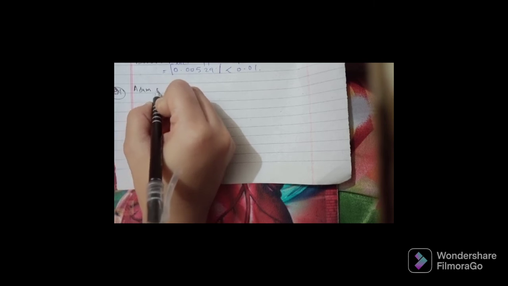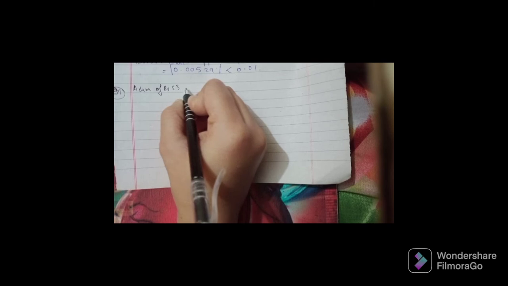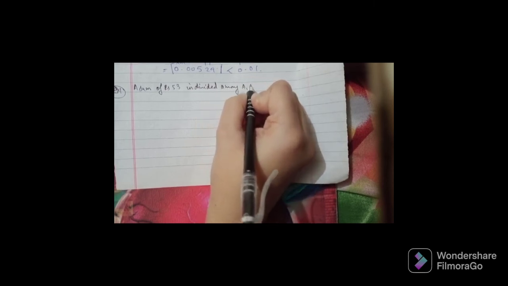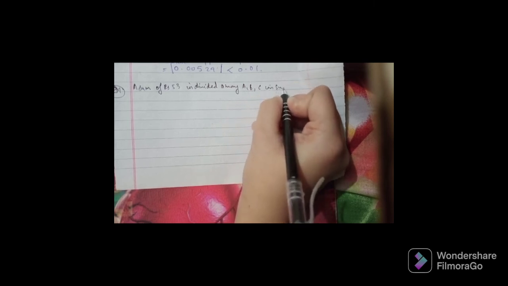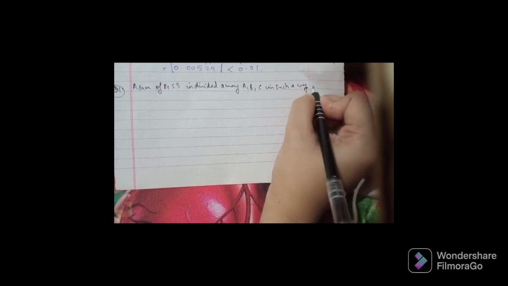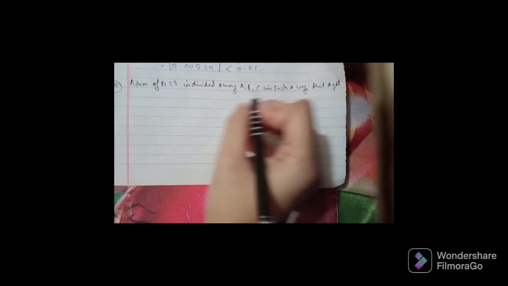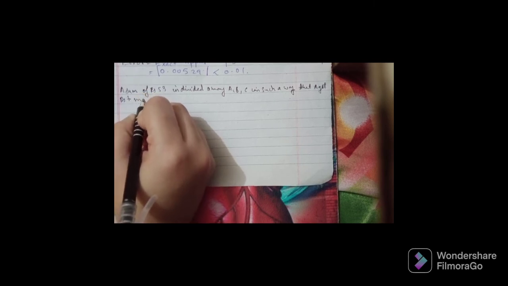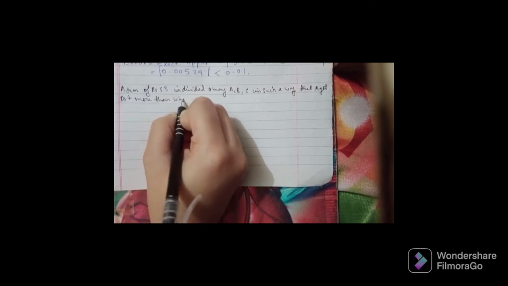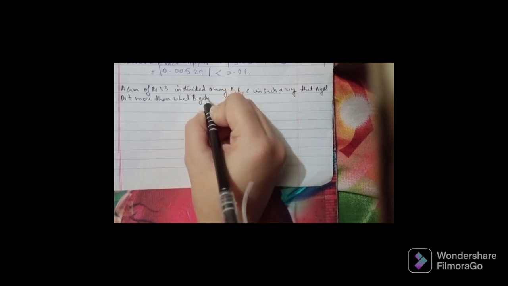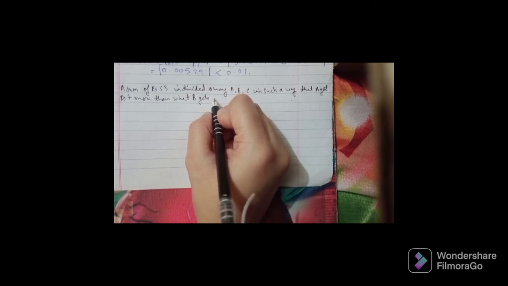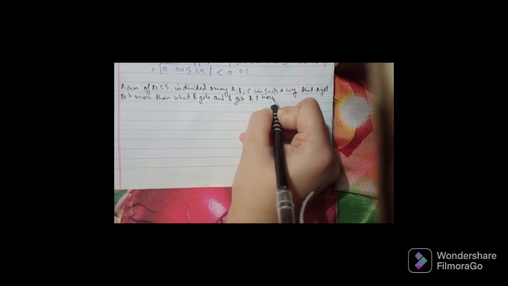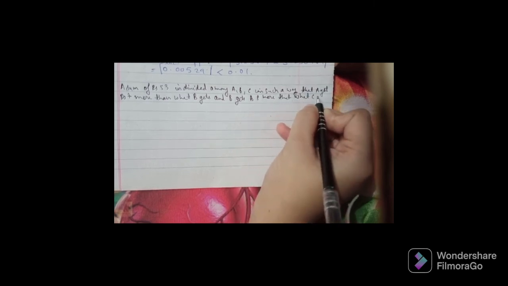A sum of rupees 53 is divided among A, B, C in such a way that A gets rupees 7 more than what B gets, and B gets rupees 8 more than what C gets.